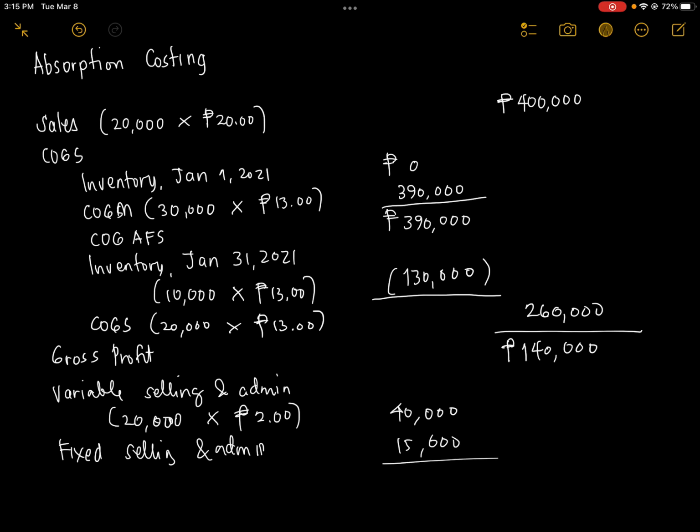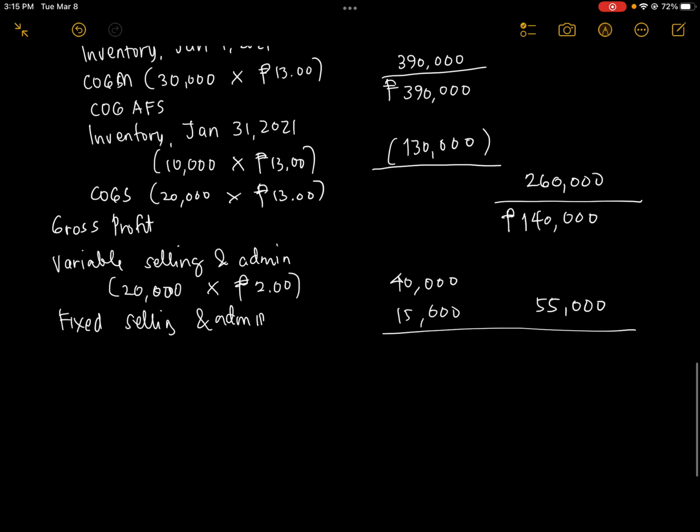So there is a total of 55,000. And therefore, our net income under the absorption costing is 85,000.